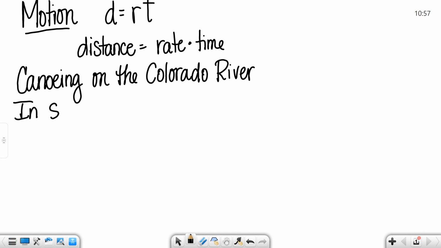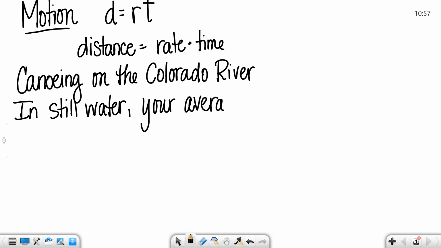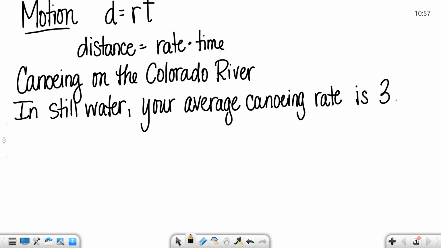In still water, your average canoeing rate, which means how fast you are going, is 3 miles per hour.